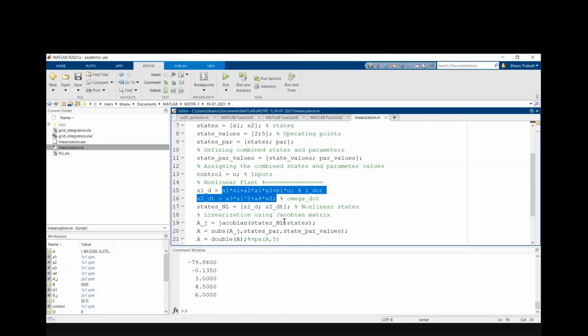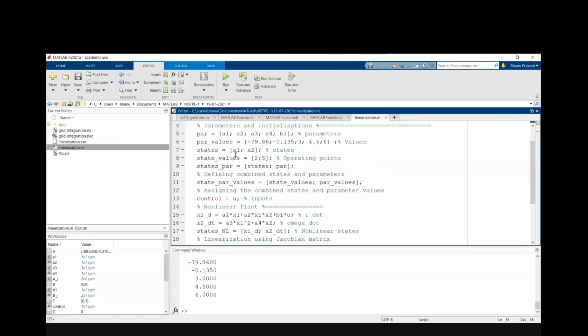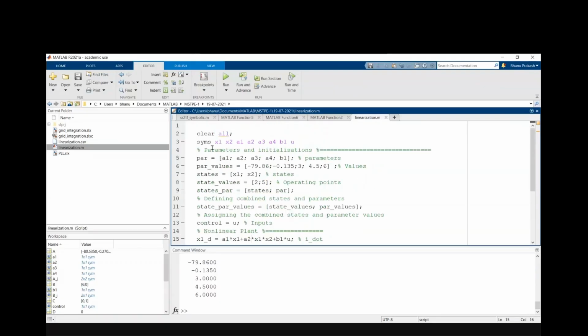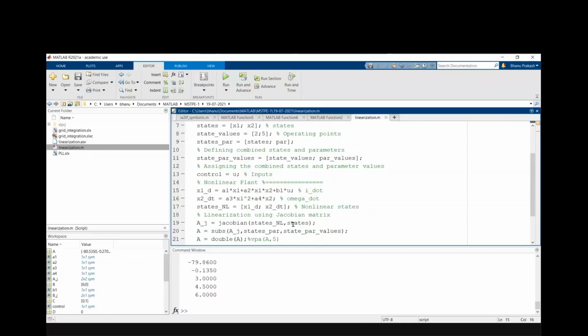Comma, then in this one, what you want to take the derivatives with respect to. Whether A1 is your partial derivative term, or A2, or X1, there are so many terms, right? All these are symbolic values only. But what are your states actually? My states here are X1 and X2. I already defined that my states are X1 and X2 here.